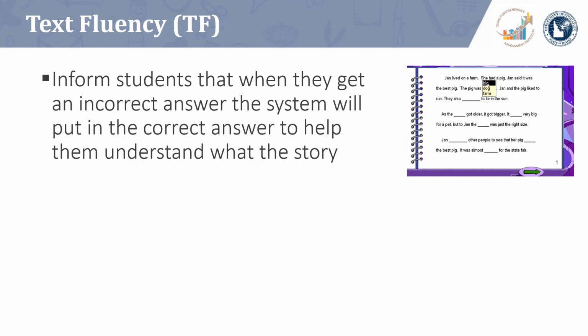During modeling, students will see that if the incorrect answer is chosen, the system will populate the correct answer into the blank to ensure the text is correct. Allow students to practice this subtest prior to administration to ensure they understand the functionality and can do their best.